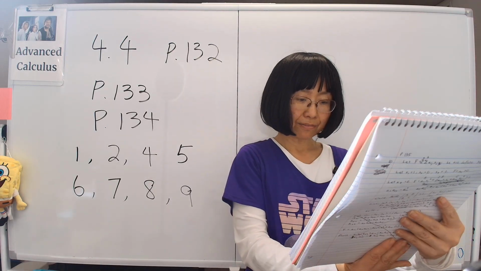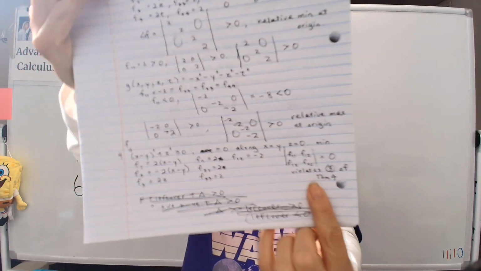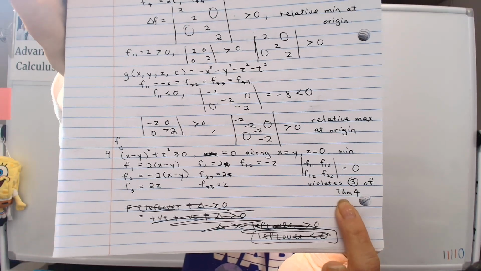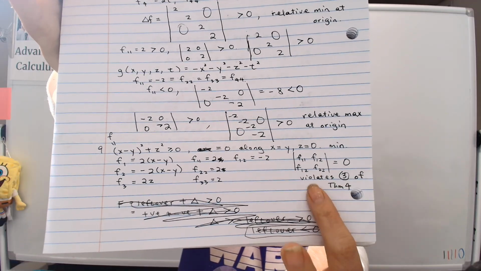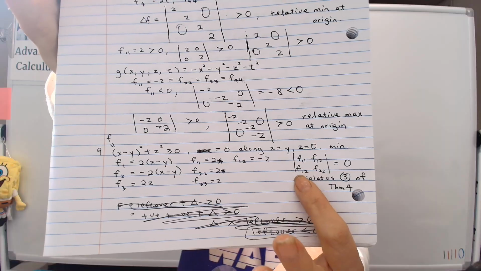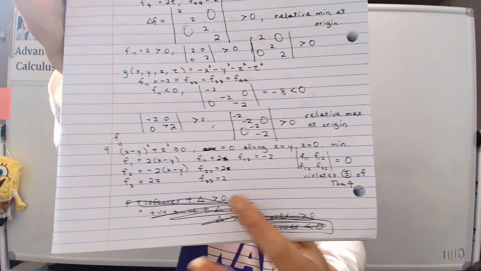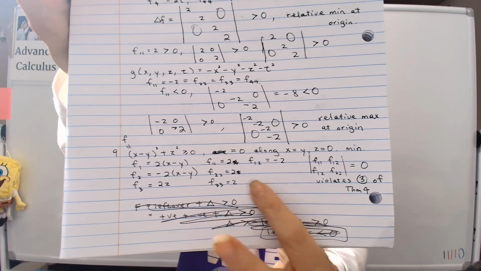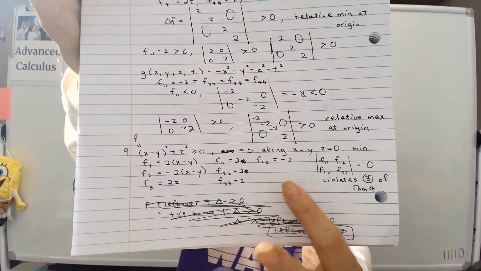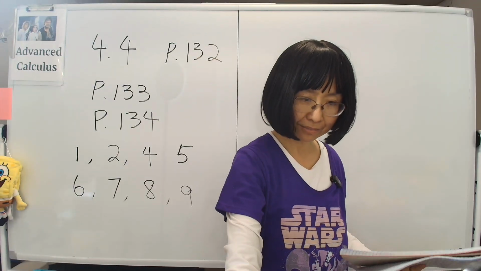It violates hypothesis 3 of theorem 4 because this thing happens to be 0, and theorem 4 requires this thing to be bigger than 0 in both cases. So that's how it's violated, and we know that by calculating various second derivatives, which in this case turns out quite short and easy to do. So that is problem 9.